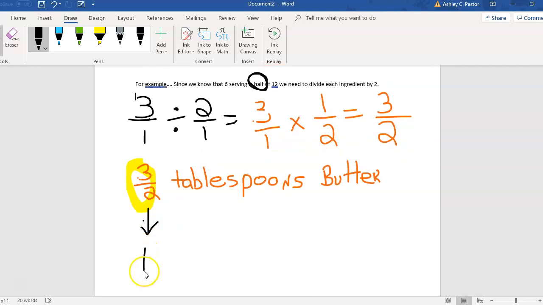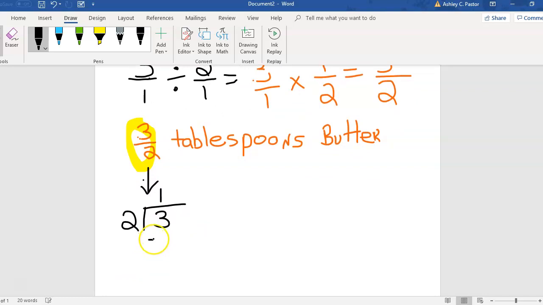I'm going to create a division problem where 3, my numerator, would be inside my box, 2 would be on the outside, and I'm going to divide. How many times does 2 go into 3? That's 1 time. Then I subtract 2, and I get 1.